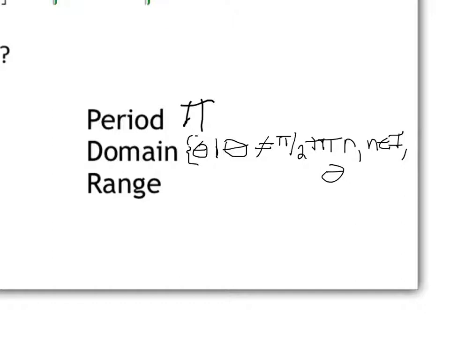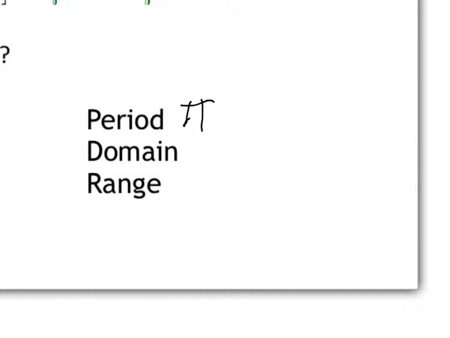And we're talking about theta being in the reals, so that we have all reals for theta with those exceptions. Because we see some asymptotic behavior, we know that as far as range goes, there's nothing that's out of limits here. So we'll have all values of y such that y is a real number.